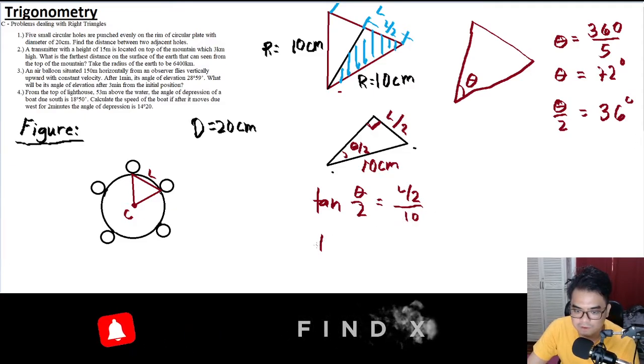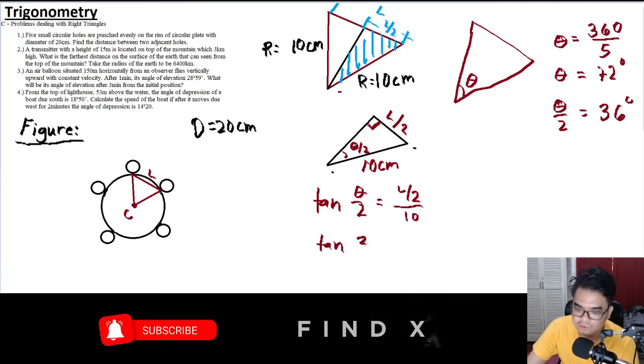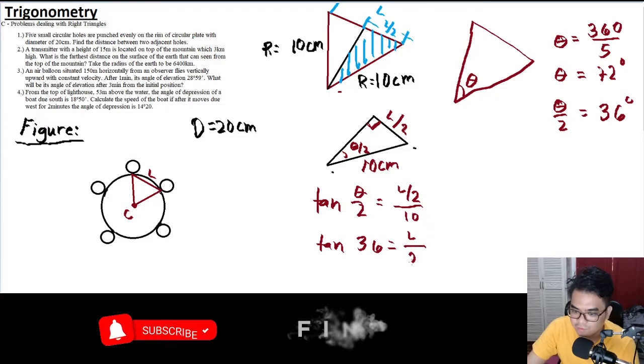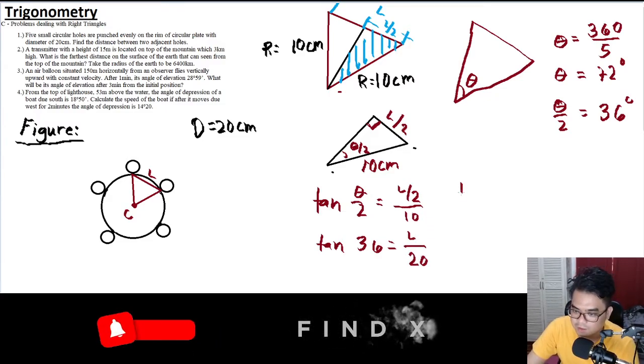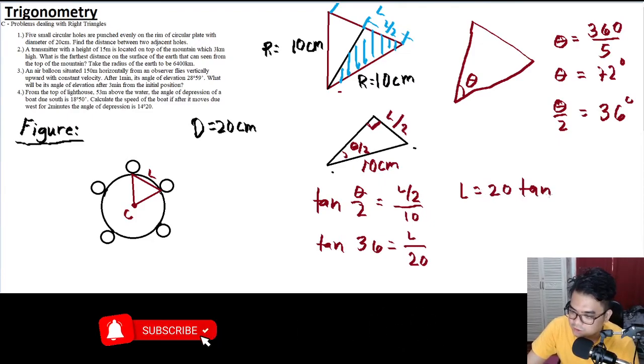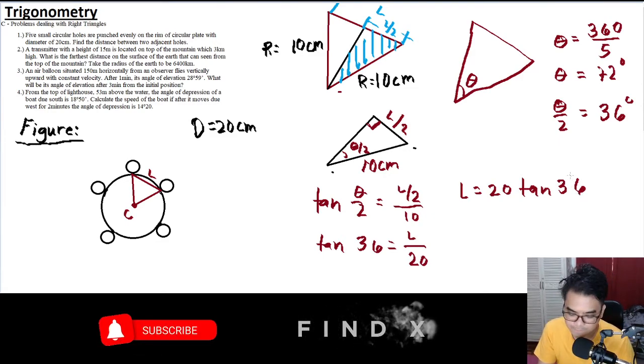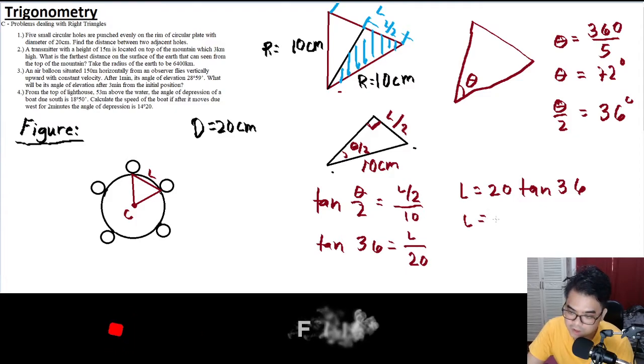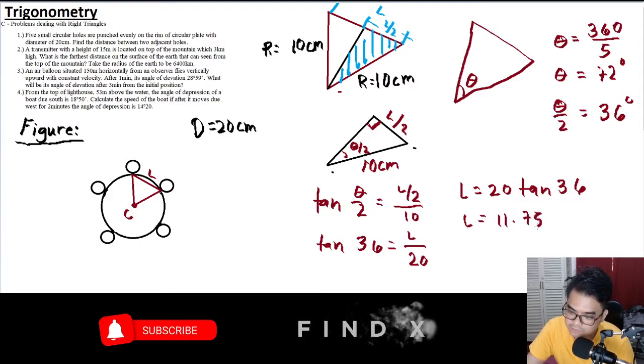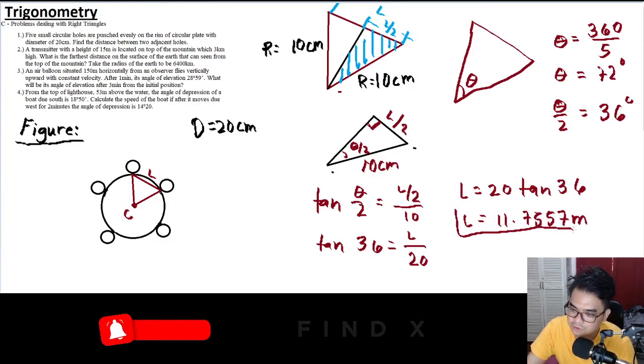So we have tangent of theta over 2, which is 36, equal to L over 2 over 10. So L is 20 tangent of 36. I already got an answer here, 11.7557 centimeters. So this will be our answer.